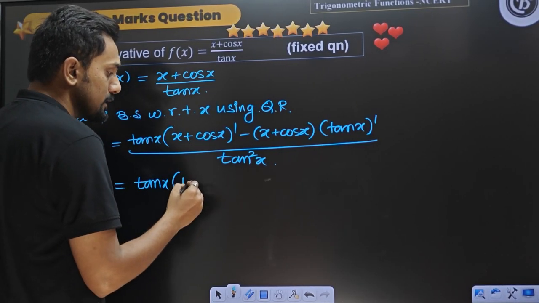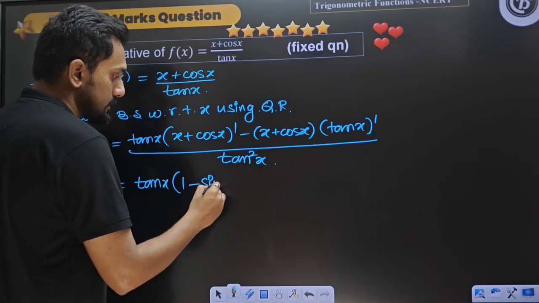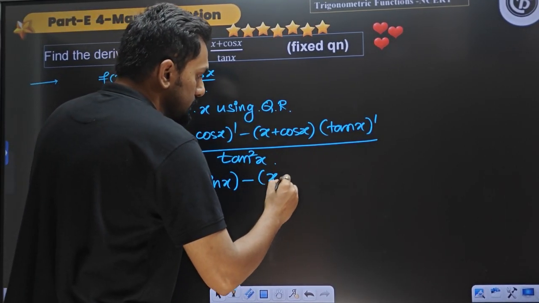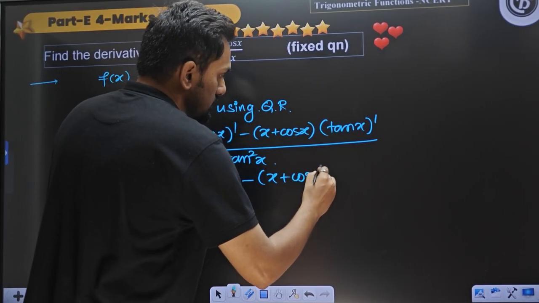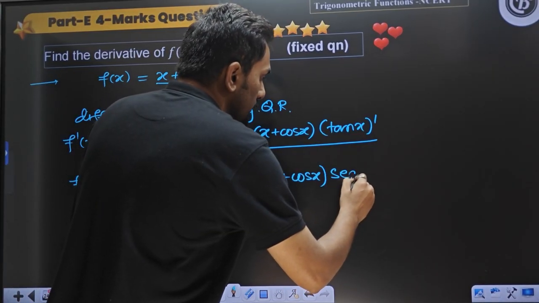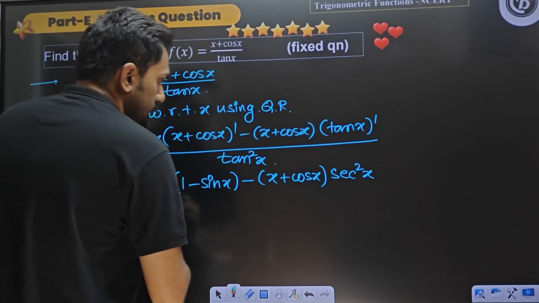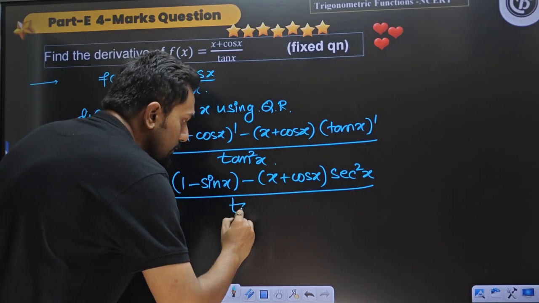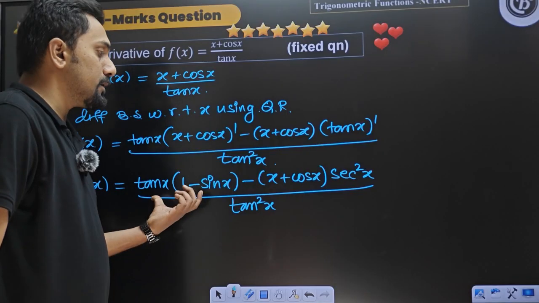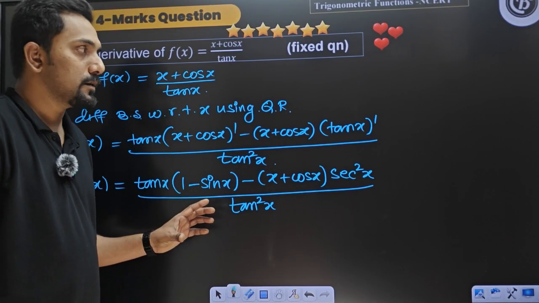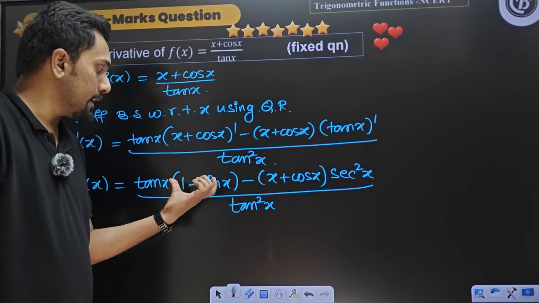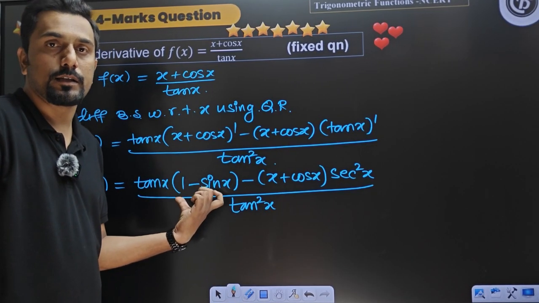Minus into plus becomes minus sin x, minus x plus cos x as it is. Correct? Then the derivative of tan x will be secant square x, divided by tan square x. Right? Up to here we have done the differentiation. Up to this we should be very careful, because the next simplification part depends on this.